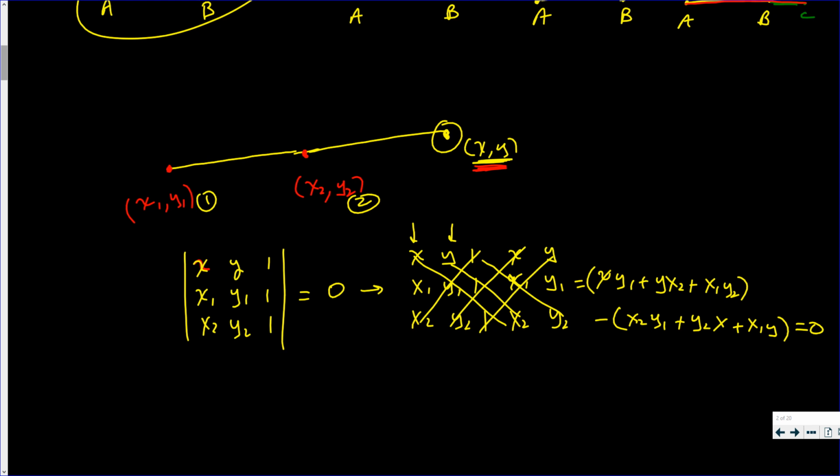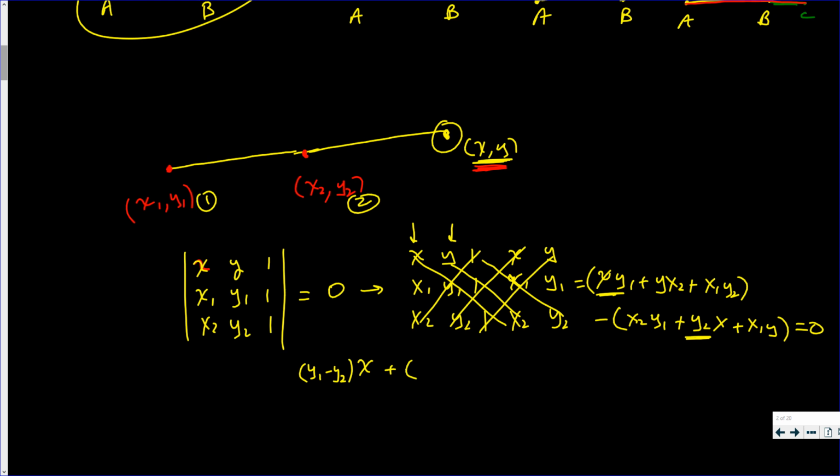Okay, so let us write it in a better form. Let's see how many x's we have. Well, I have y1 x's, and I'm taking away y2 x's. So I have y1 minus y2 x's.